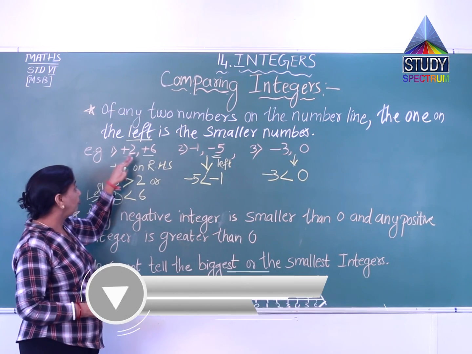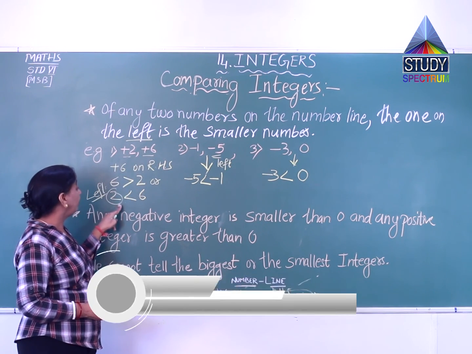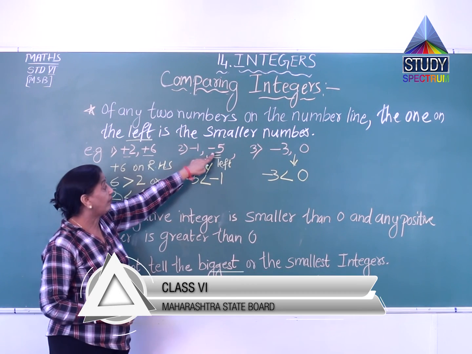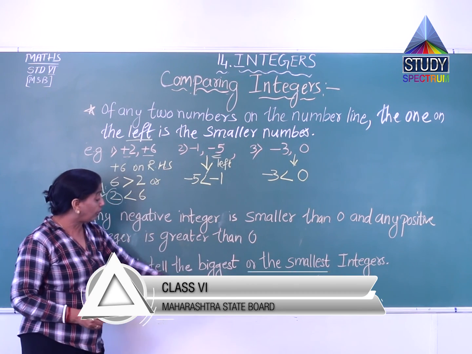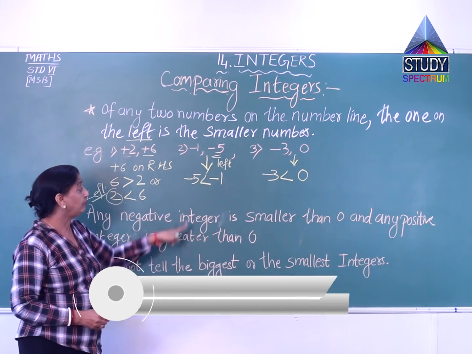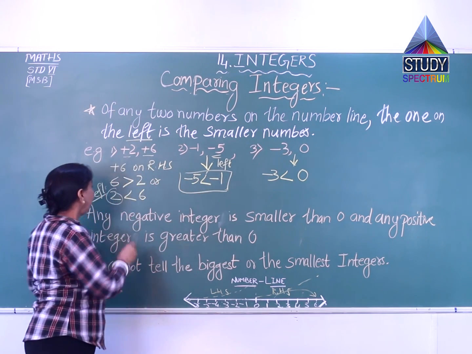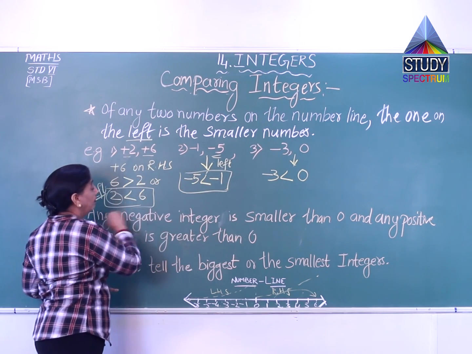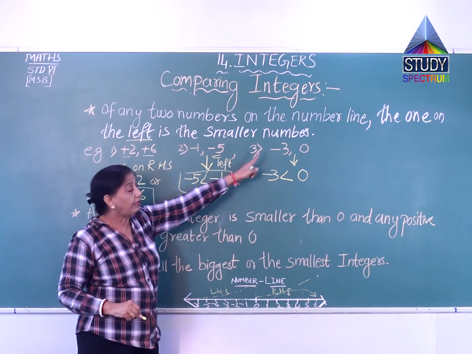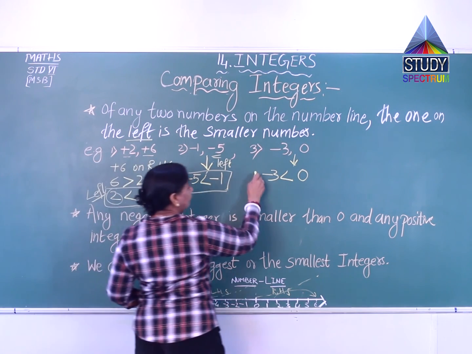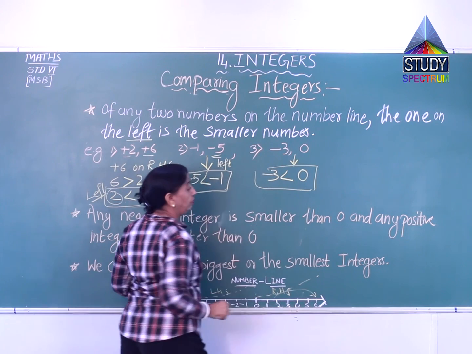As 2 lies to the left of 6, 2 is less than 6. Minus 5 lies to the left of minus 1, so minus 5 is less than minus 1. And in the third one, minus 3 is to the left of the origin, so minus 3 is less than 0.